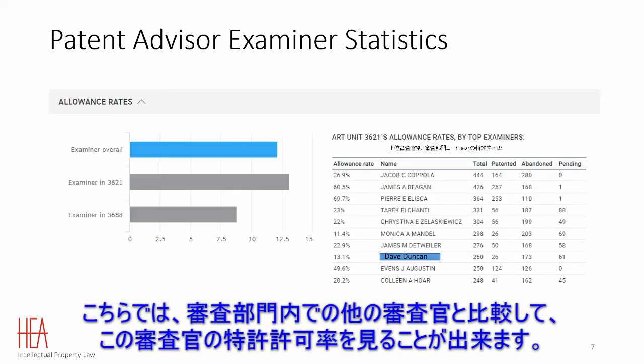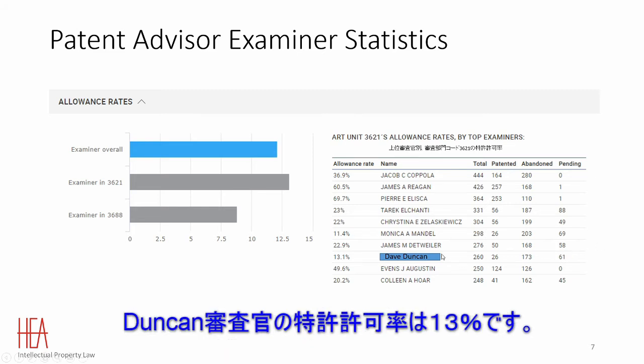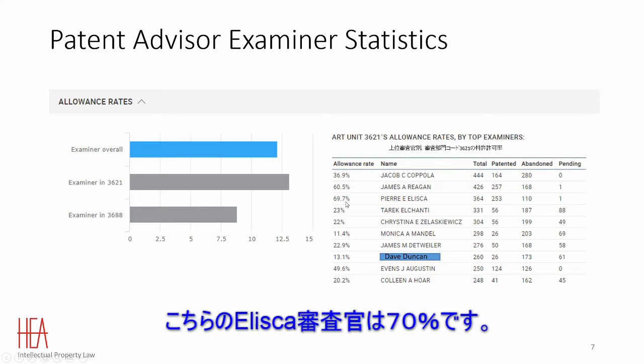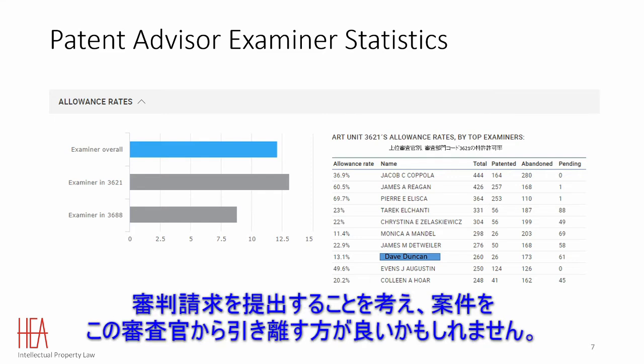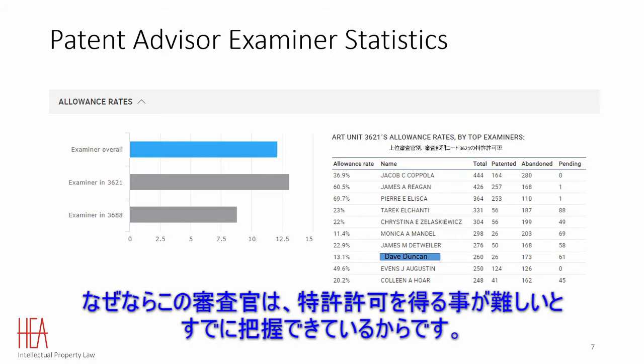So we can see this examiner's allowance rate compared to other examiners in the art unit. So he's here at 13%. But if we have this examiner here, Pierre Aliska, this guy's up at 70%. For our strategy, if we have examiner Duncan, we may be more inclined to file an appeal and get the application away from this examiner because we know this guy is going to be very difficult.